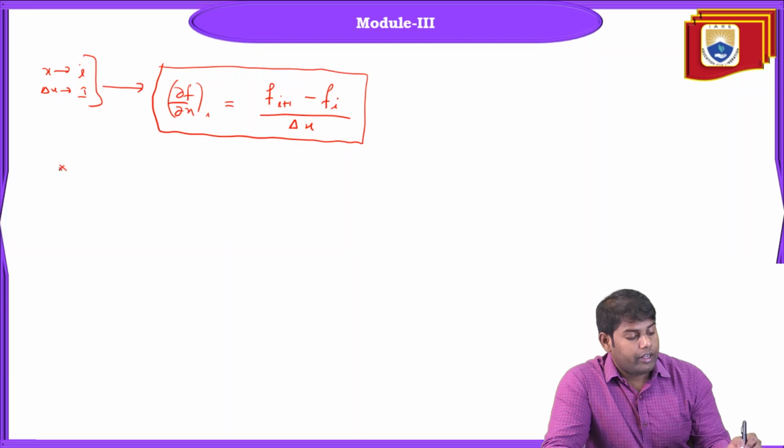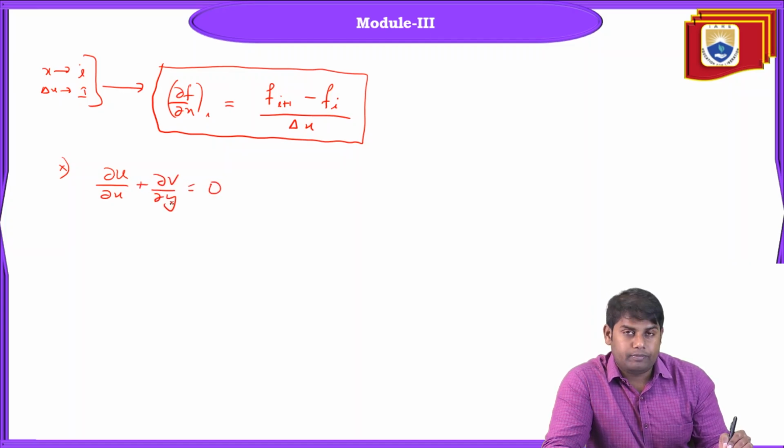So in our continuity equation, we have, let's say, ∂u/∂x + ∂v/∂y = 0. Let's apply the concept of forward difference to the continuity equation and see what happens.